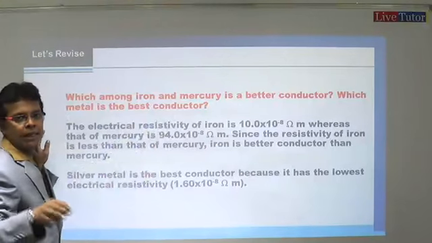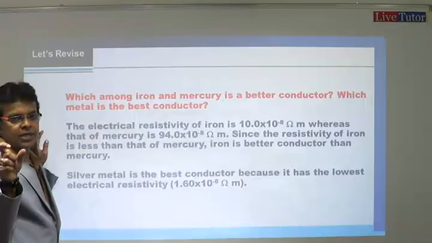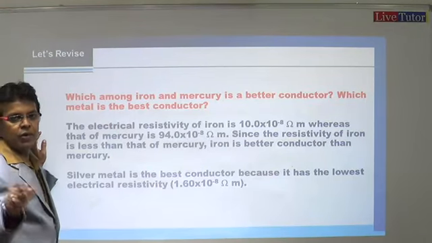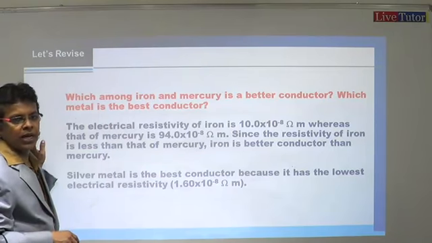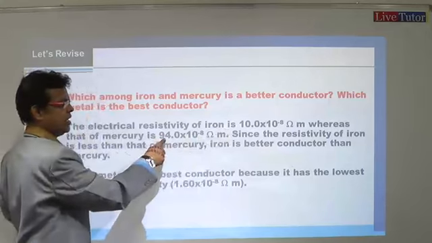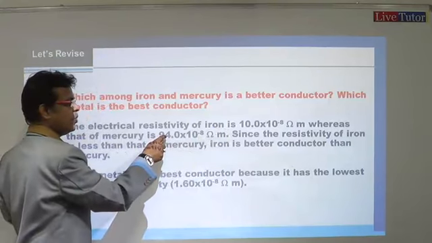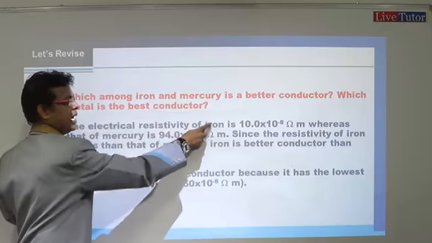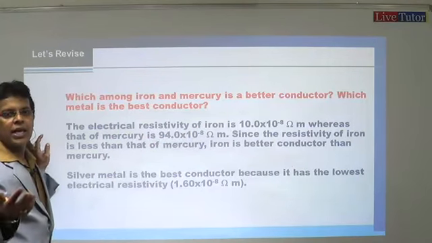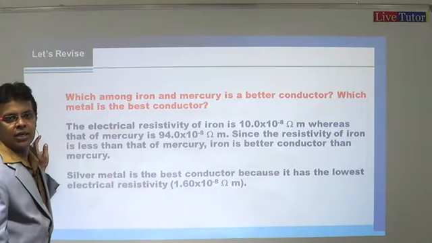For iron the resistivity is 10 into 10 power minus 8 ohm meter. But for mercury it is 94.0 into 10 power minus 8. When you compare these two, mercury has high resistivity. That means it will offer more resistance to the flow of current. But iron will offer less resistance. So we say that iron is a better conductor than mercury.